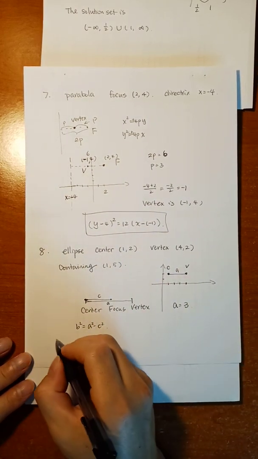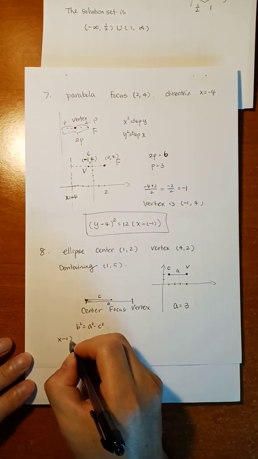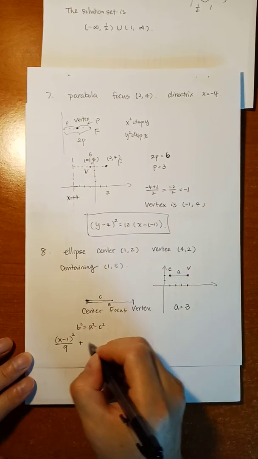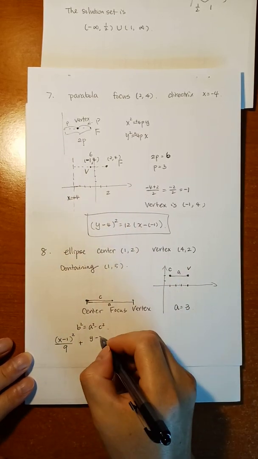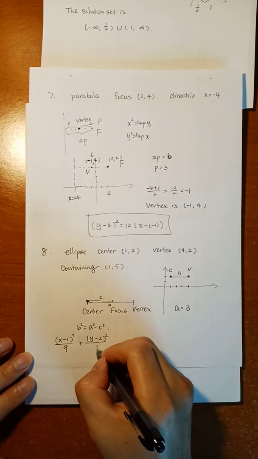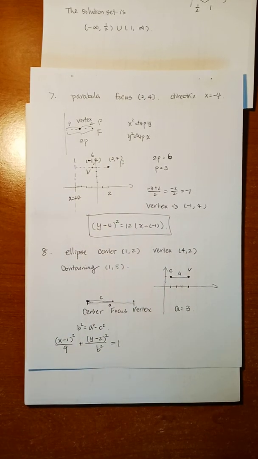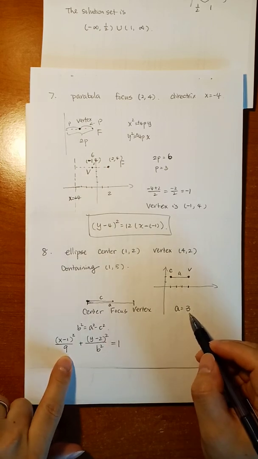So the equation is x minus 1 squared over a squared plus y minus 2 squared over b squared is equal to 1, since I don't know what b is. a is 3, so a squared is 9.